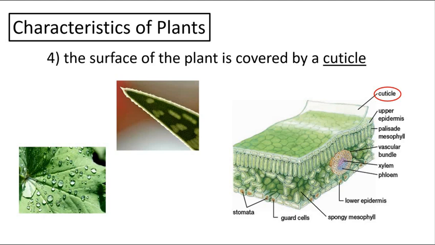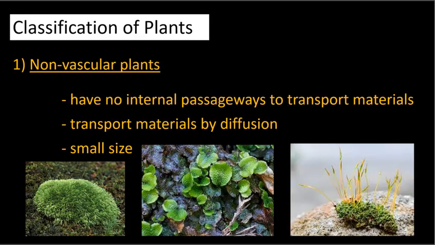Okay? Okay, now generally when we're talking about plants, there are two main categories that we're going to talk about. We'll look at some subcategories later, but today, two main categories. The first classification of plants is what are called non-vascular plants.